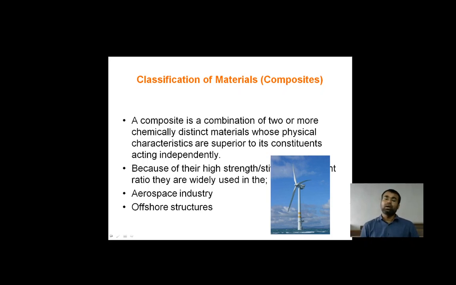If the product made for this is not able to sustain that environment, how will it produce electricity? So composite materials include various properties in a single material, and they stand in that working scenario and provide energy.